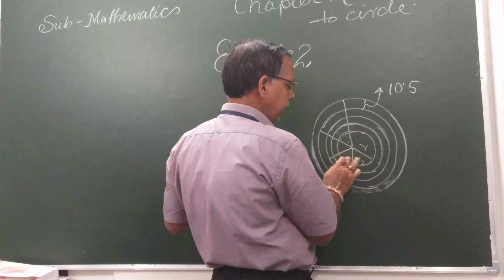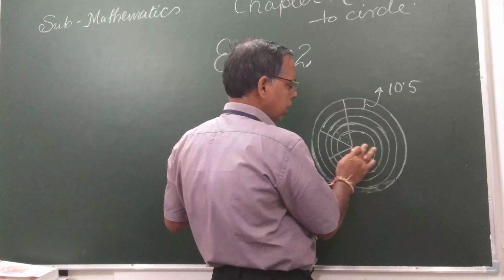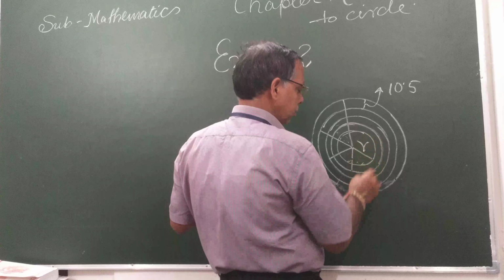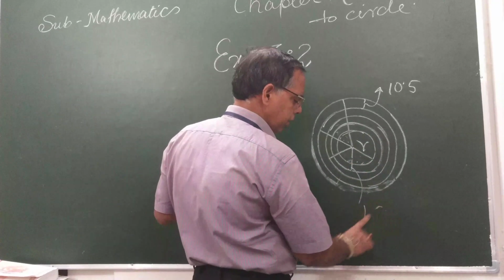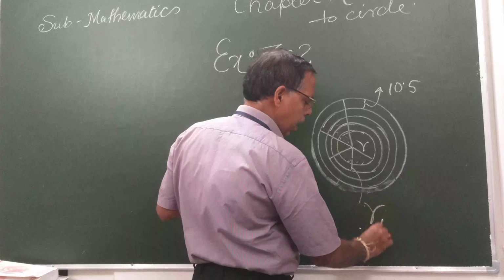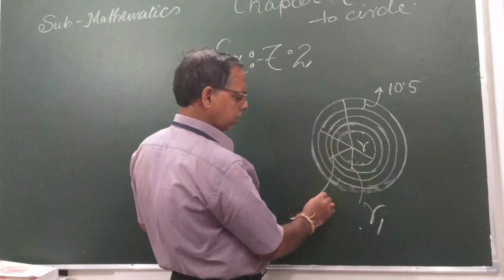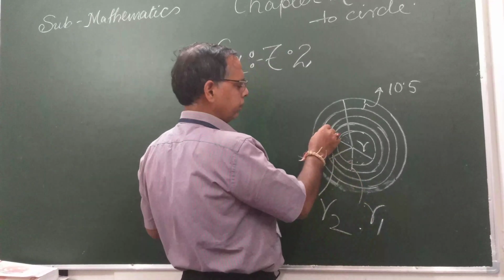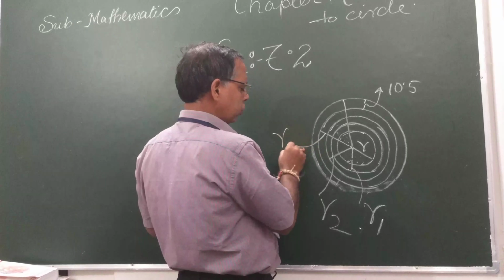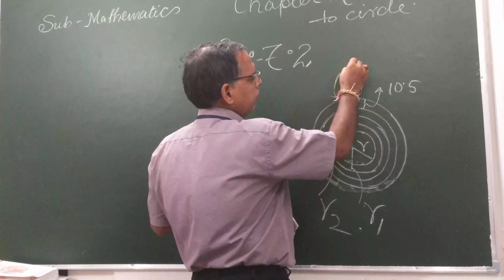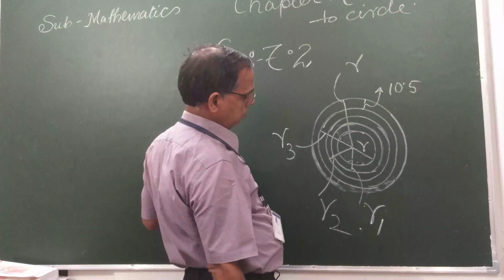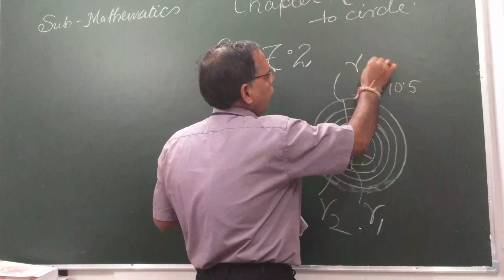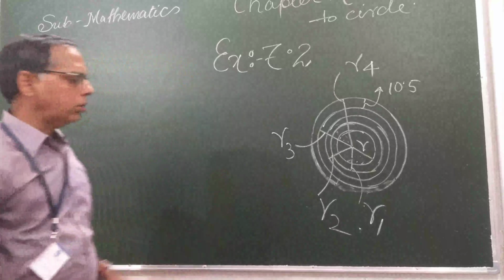I write a little bit big, otherwise it may not be visible to you. So 5 circles we got.